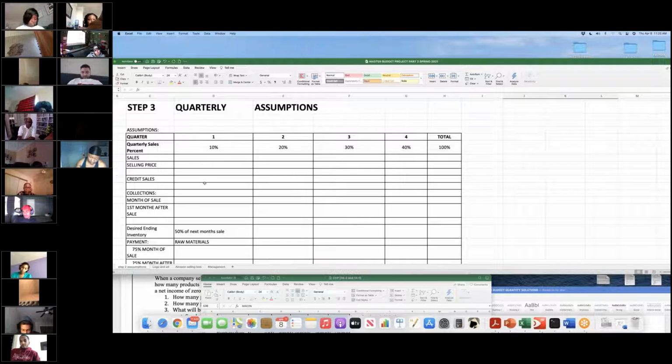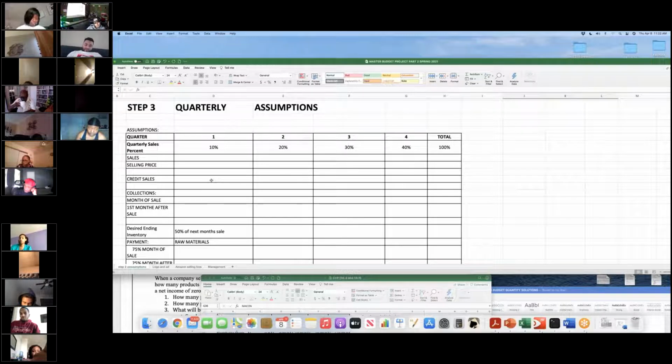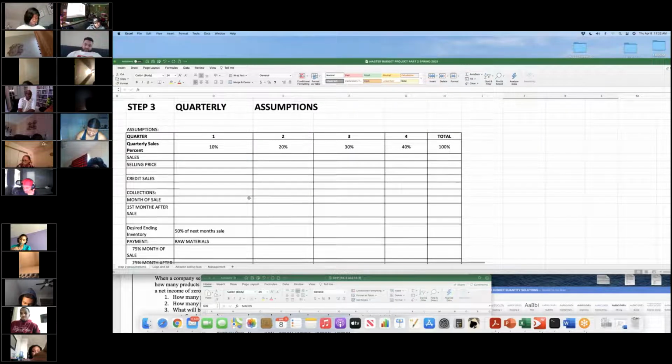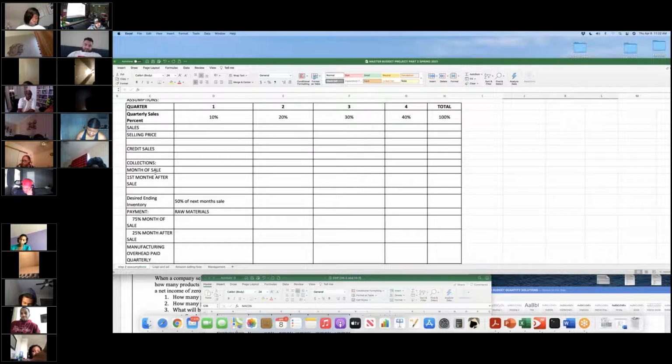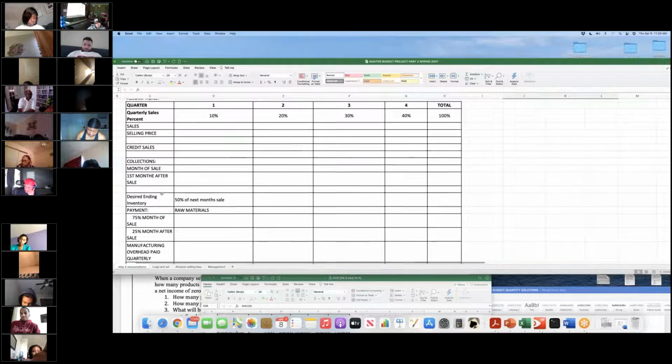To make it easy, make all your sales credit sales. Then you have to come up with collections in the month of sale, collections the first month after sale, collections the third month after sale. So you have to come up with that.